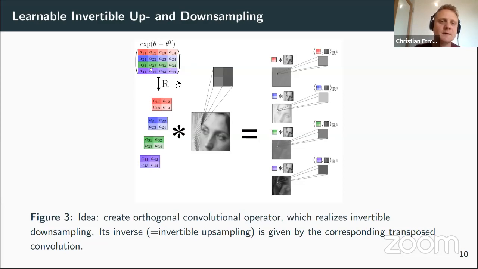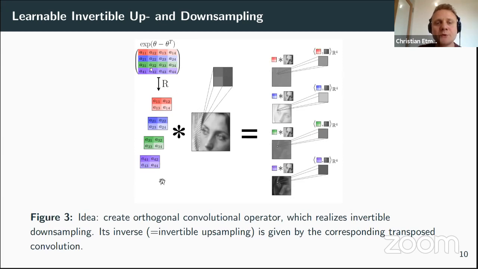Then we apply some reordering operator, which just reorders each row of this matrix into convolutional kernels. In this case, we have a 4x4 matrix, which results in 4 kernels of size 2 by 2.